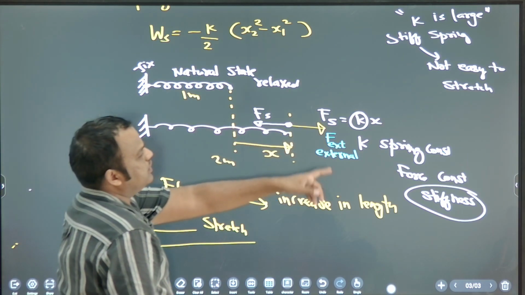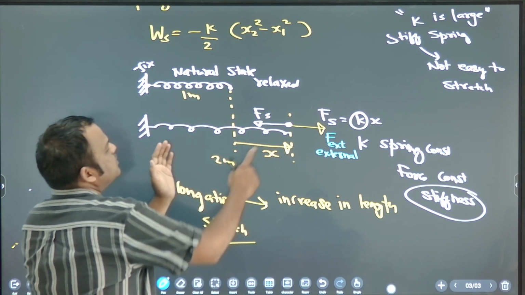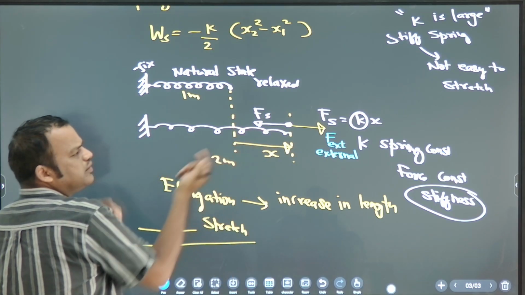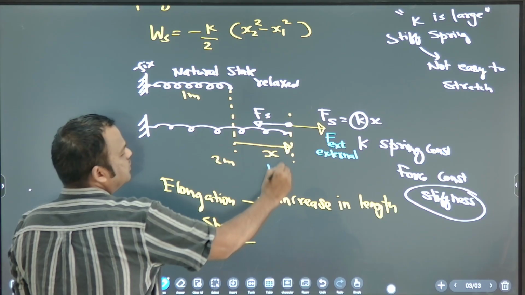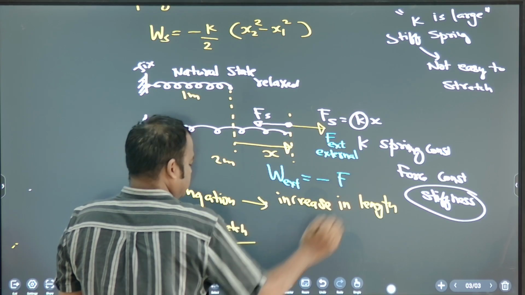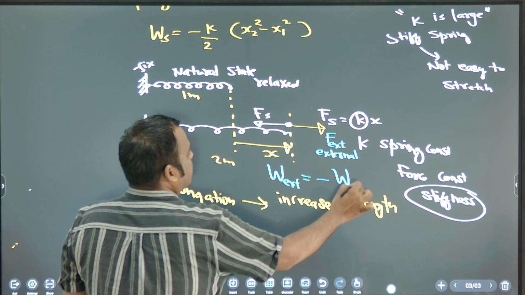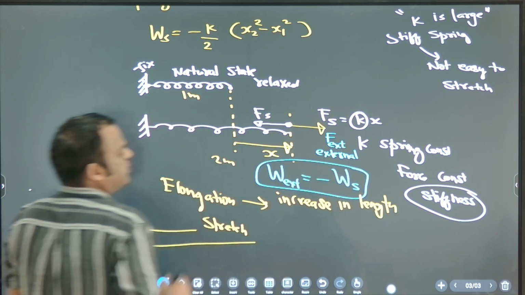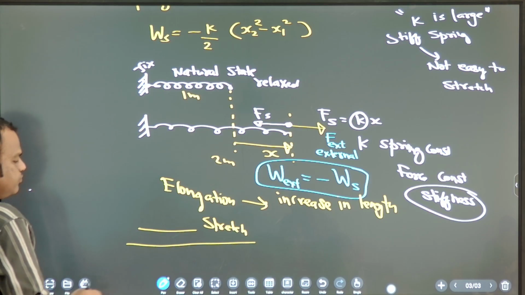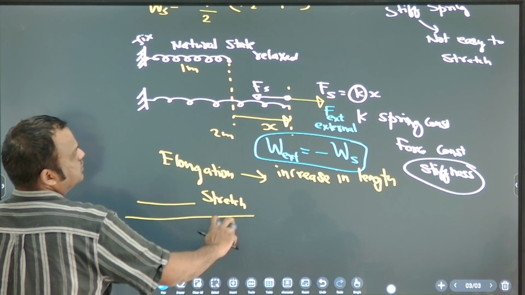Right side. So external force is doing positive work, correct? And spring force is doing negative work. So we have a relation: external work done is equal to minus of spring work done. Okay, clear. So solve these numericals.